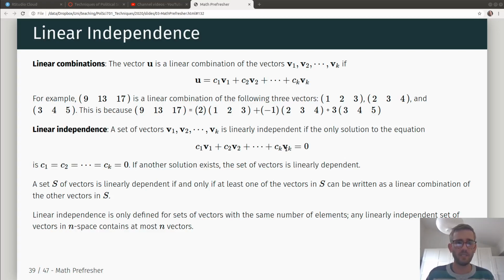In general, linear independence is only defined for sets of vectors with the same number of elements. Any linearly independent set of vectors in n space contains at most n vectors. So as soon as you have more vectors than elements in the vector, at minimum one of them has to be a linear combination of the other ones.